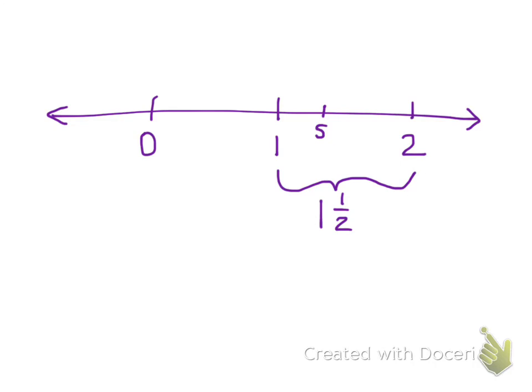That's a number that could be on the number line between 1 and 2. We could have something like 1.7, or 1.25. We could have an improper fraction, or we could rewrite 1.5 as 3 halves, which would also be between 1 and 2.